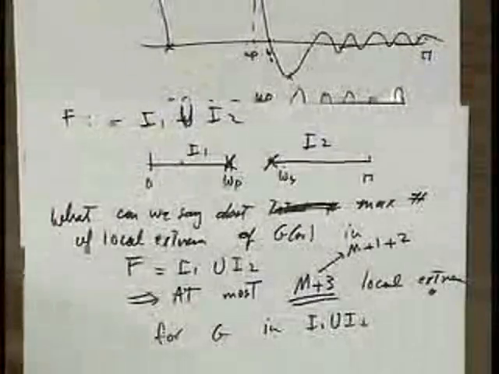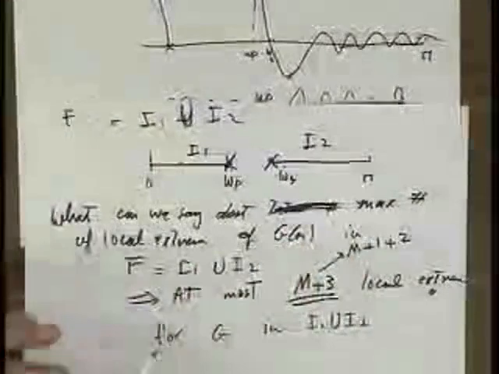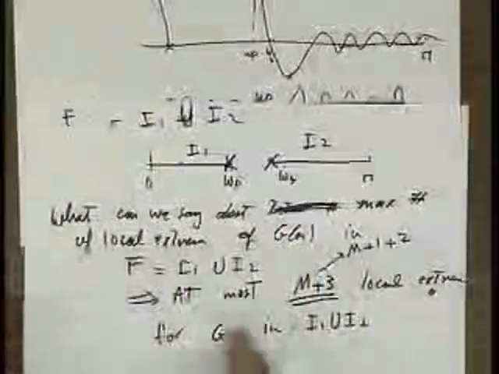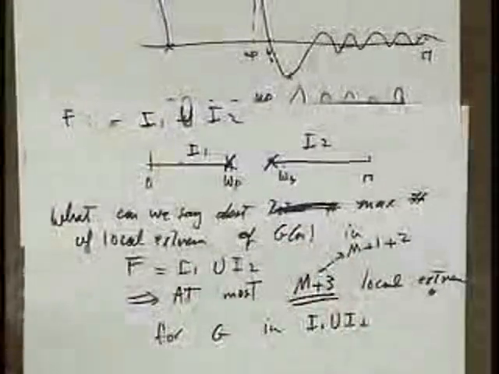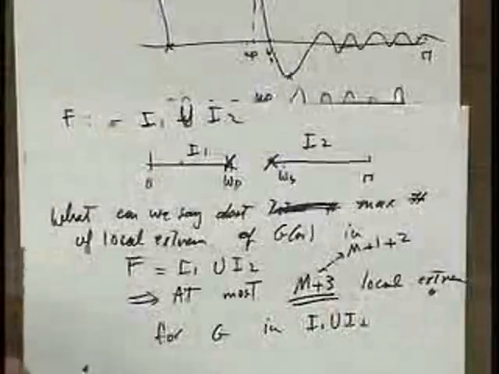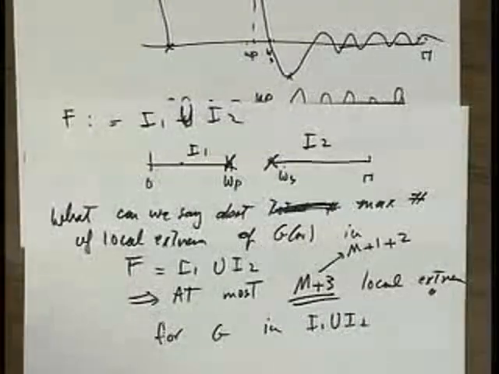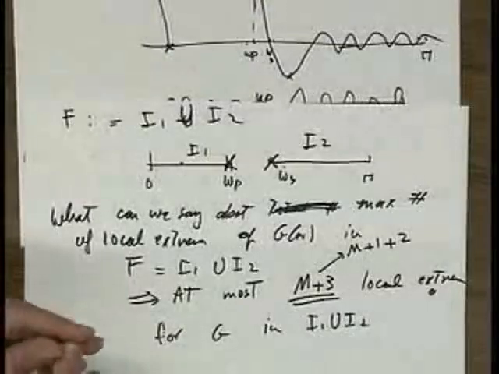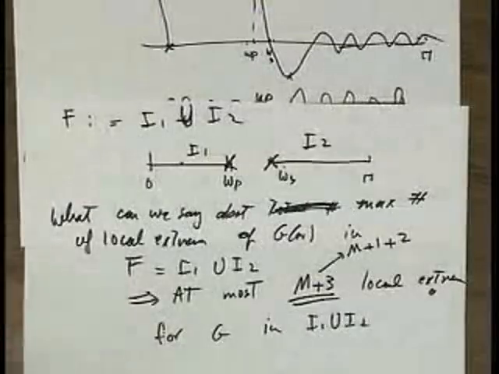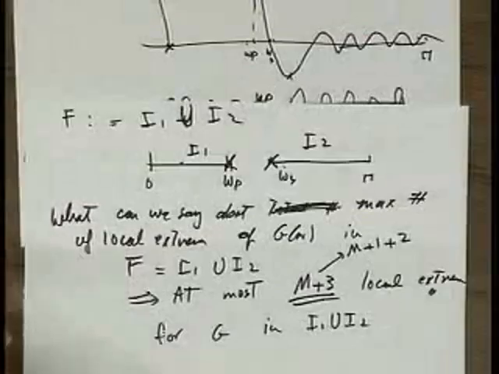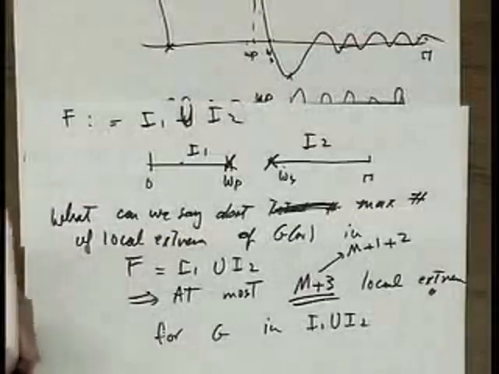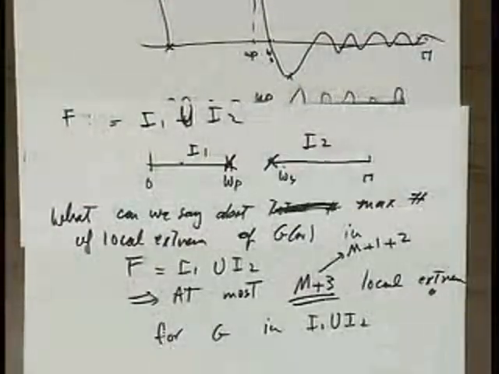So now let's combine this result with the alternation theorem. This is telling me that G of omega can have at most m plus 3 local extrema, and the alternation theorem requires at least m plus 2 alternations. So putting those two things together, what can we conclude? If you can have at most m plus 3 and at least m plus 2, what are the two possibilities? Either m plus 2 or m plus 3.